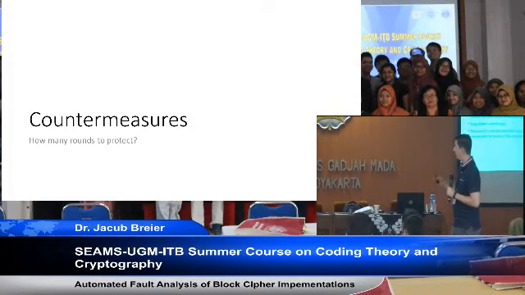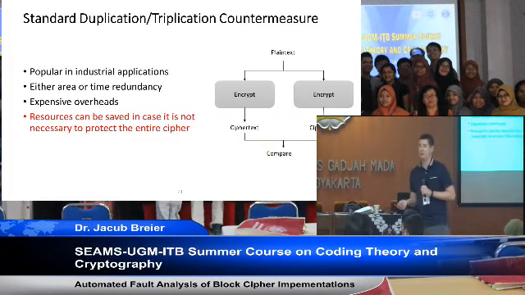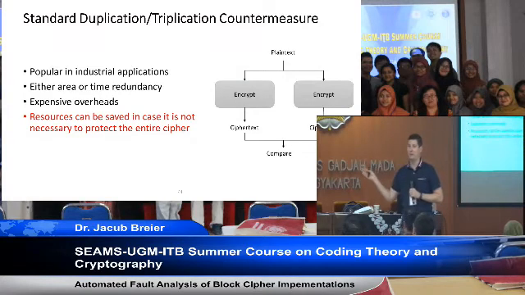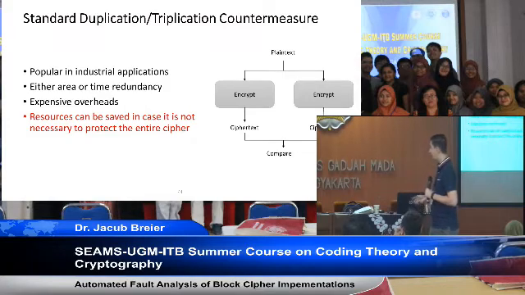Probably the most popular countermeasure in the industry is just the simple duplication or triplication, or they even do 4, 5, 6 redundant circuits. It can be either area or time redundancy.